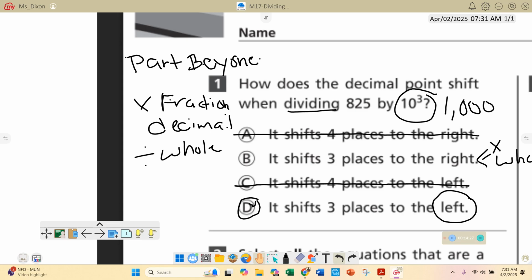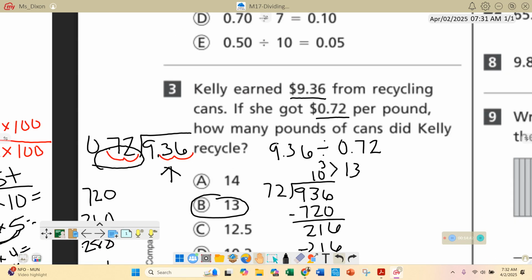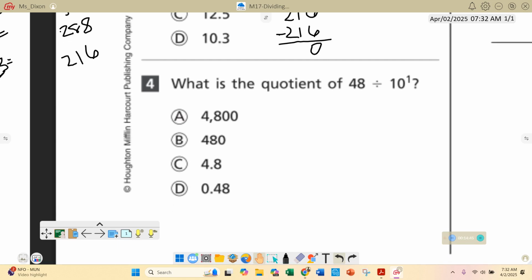The exponent is going to tell you how many places you're moving to the left because that controls how many zeros you have when your base is 10. Right? So number 4 should be very easy with those same instructions.